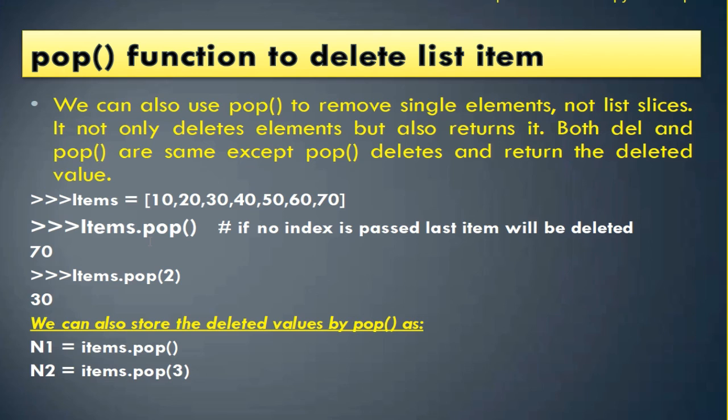One major thing you can see: when you do pop, the deleted value is shown also, showing which item has been deleted. But with the del statement, it is not shown which element has been deleted. You just need to remember which function you used and what you deleted.